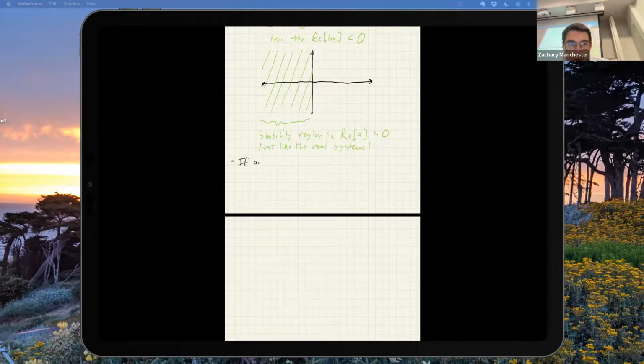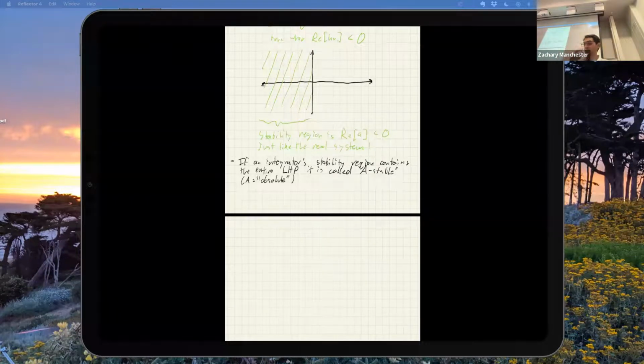If an integrator's stability region contains the whole left half plane, we call it A-stable, which A stands for absolute.